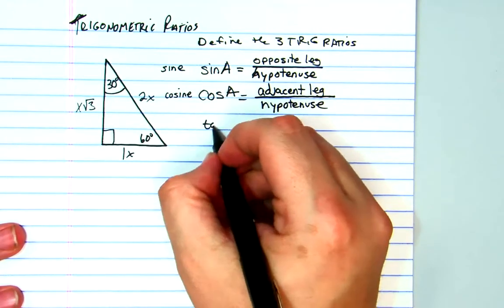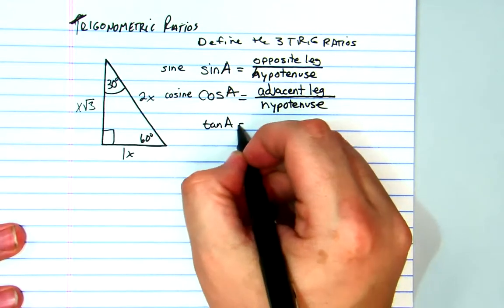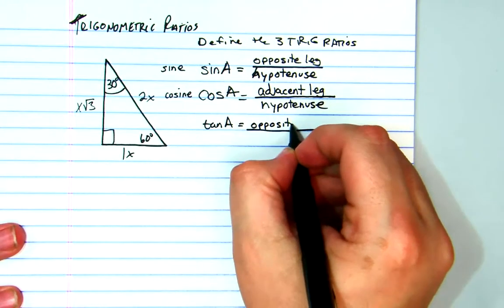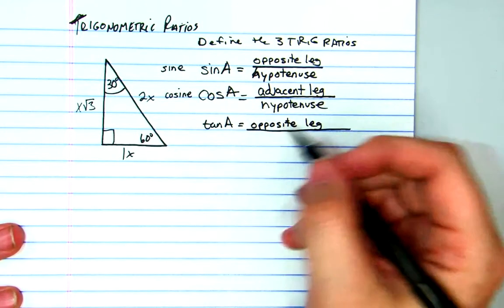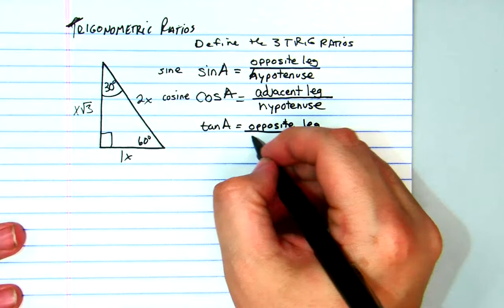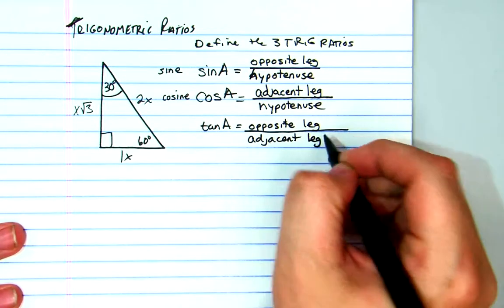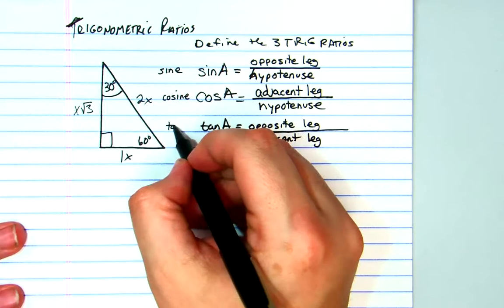And the tangent of A is going to be the opposite leg compared to the angle A over the adjacent leg. And like I said, this is the tangent.